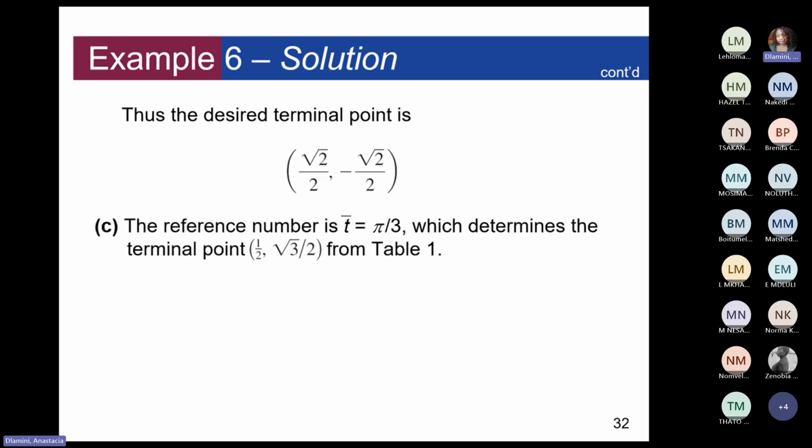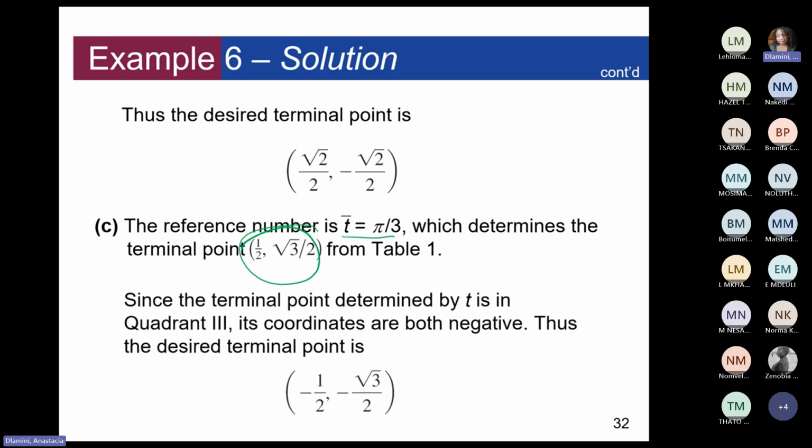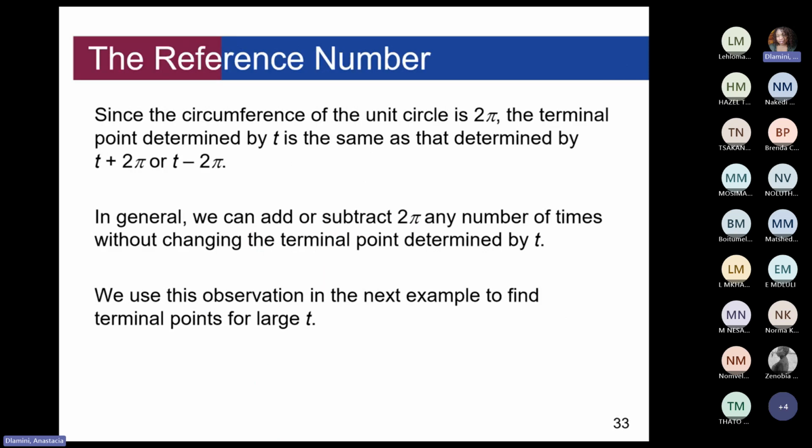And then they say the reference number, we found that it's pi over 3, and then we know that pi over 3 gives us this one over here. But now where does the point lie? We found that the point lies in the third quadrant, and we know that in the third quadrant, both of them are negative. So this will be negative, this will be negative, and this is what we got. Next slide. Now they say, okay, this is something different.